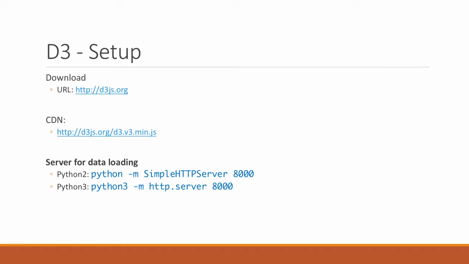And a simple way to do that is if you have Python, you can just run python -m SimpleHTTPServer if you are using Python version 2, or for Python 3 it is python -m http.server 8000. So this will create a server for you. So just go to the folder of your project, and run this code, and that will work for you.